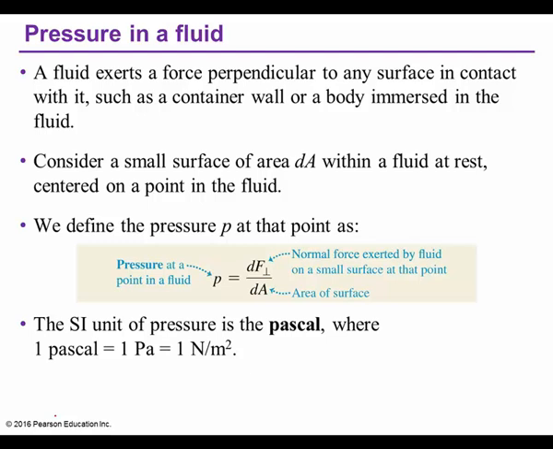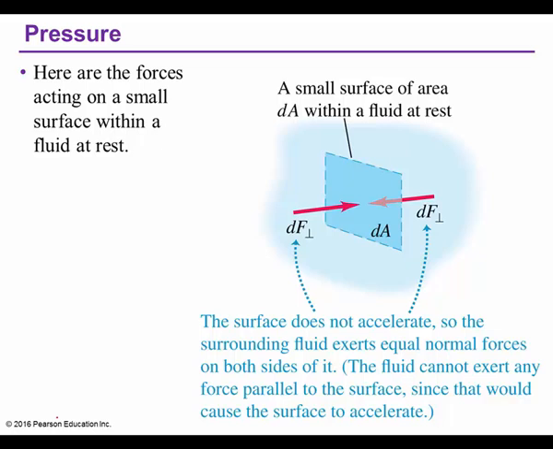But it's the derivative of the normal force with respect to the area that the force is applied to. And notice that the units are newtons per meter squared, which is the Pascal. And yes, you need to remember all this, and yes, you need to write it down on your formula card.